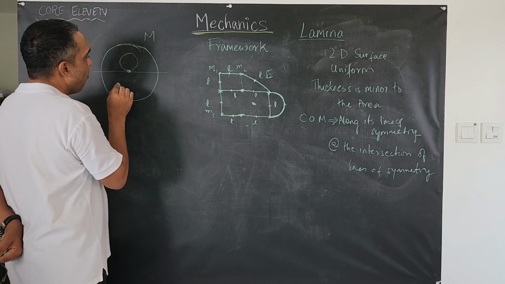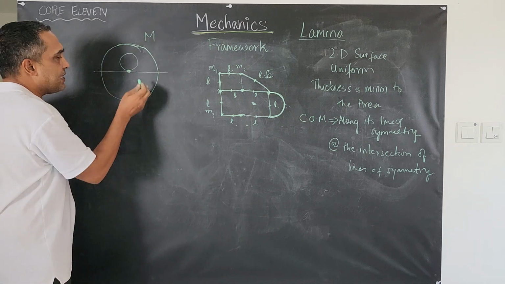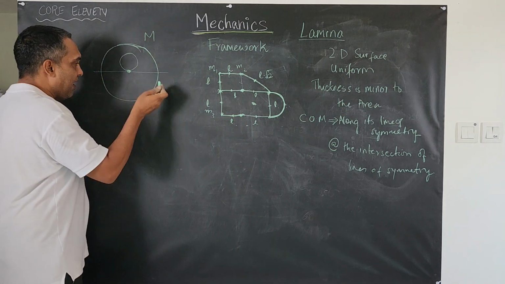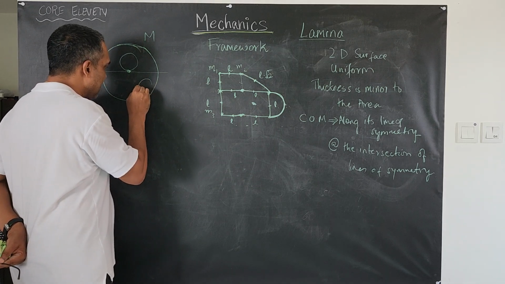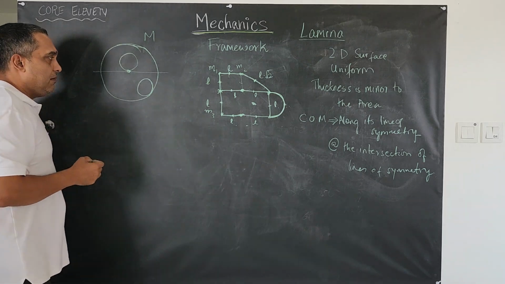And then what is the other hole I need to drill somewhere else to keep my center of mass along the same line? They could ask you a problem like that, or they can give you another hole that is drilled here, right?